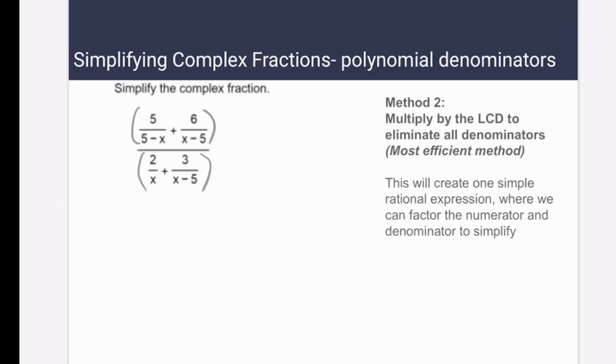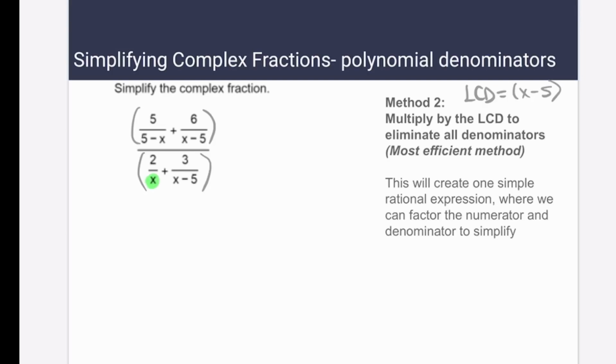So our LCD, if we look at our denominators, it has to have an x minus 5. That's the only way it's going to get rid of those x minus 5s, including the 5 minus x. So that was covered in a previous video. The x minus 5 is going to help with that 5 minus x. That monomial x right here, though, is by itself.